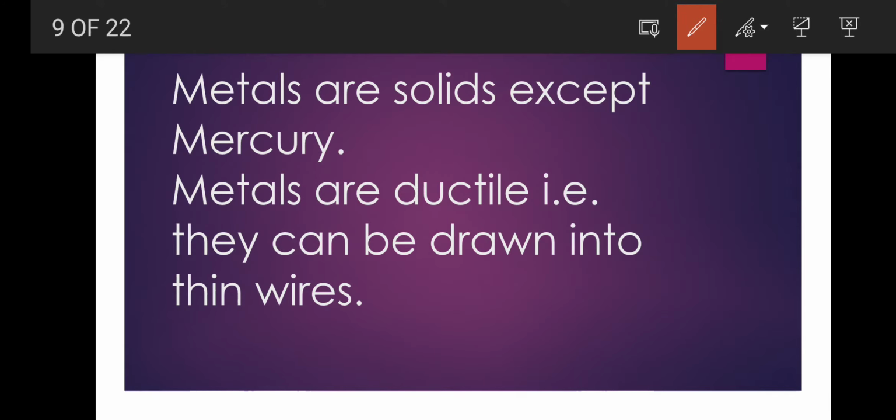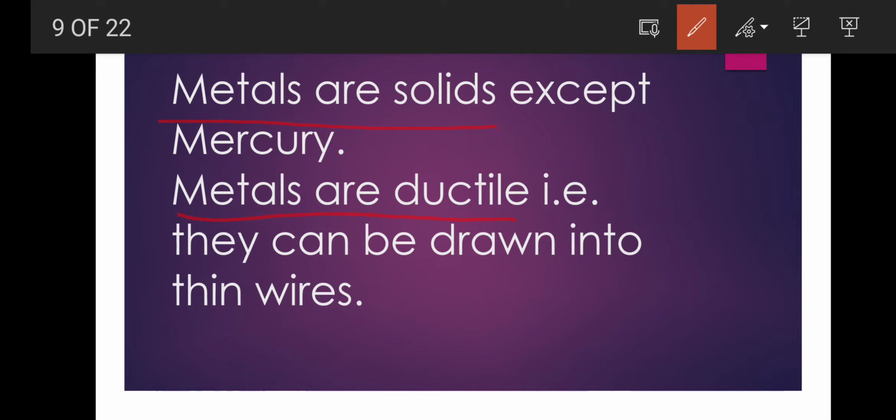Now next, metals are solids. The second property of metals is that metals are solid except mercury. Always remember that mercury is a liquid metal. Then the next property is that metals are ductile.